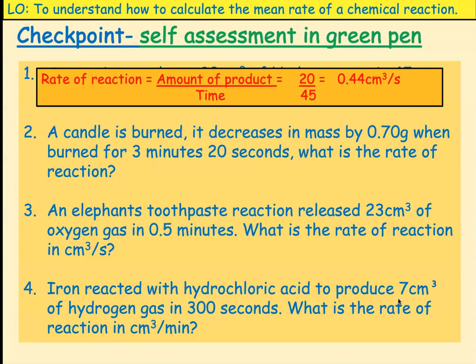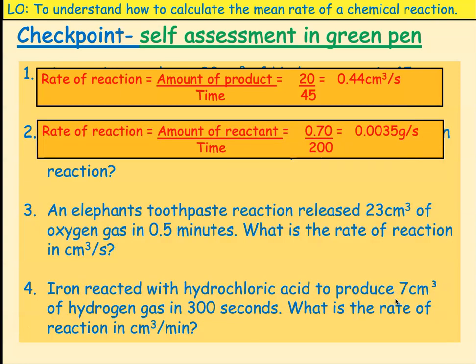A candle is burnt and it decreases by 0.70 grams when burnt for 3 minutes and 20 seconds. What is the rate of reaction? Now, the first thing that strikes me here is that you've got your time in 2 different units. So we need to convert it to either minutes or seconds, and it's much easier to convert it to seconds.